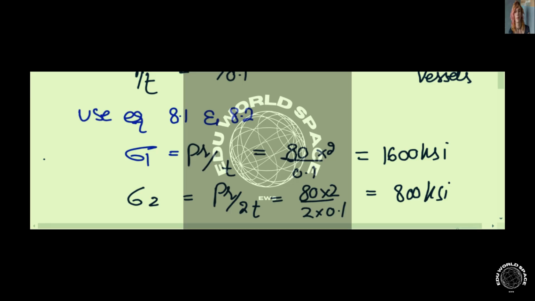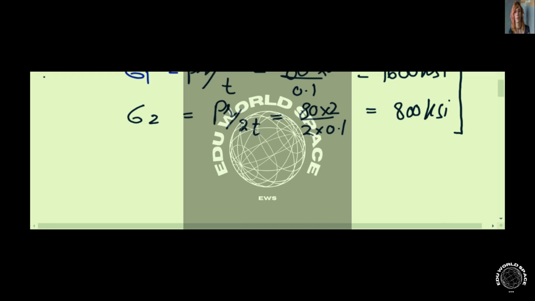It is important to note that the above are not principal stresses in this case, but it is how equations 8.1 and 8.2 are written, so we'll use the same notation.